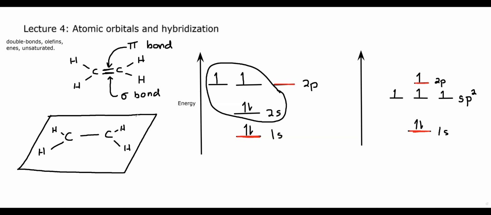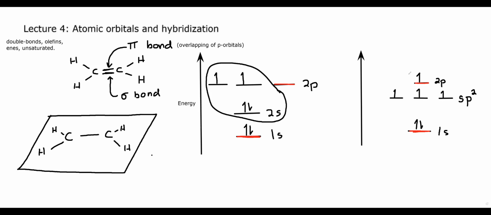Now the pi bond is an overlapping of p orbitals, okay? This is important. Pi bonding is an overlapping of p orbitals. So these pi bonds have to be made using p orbital electrons.